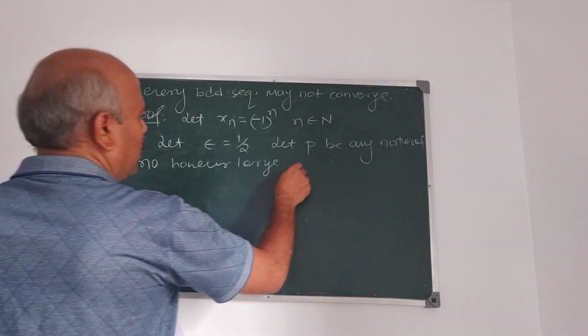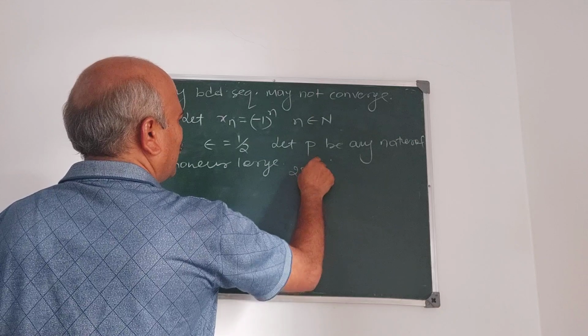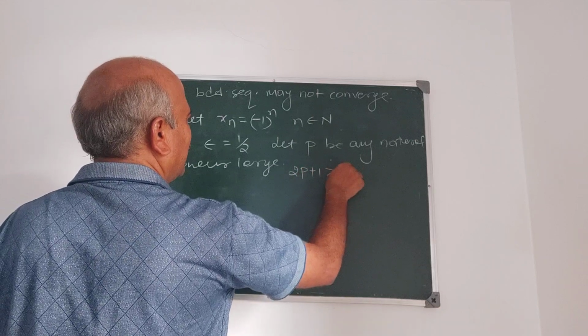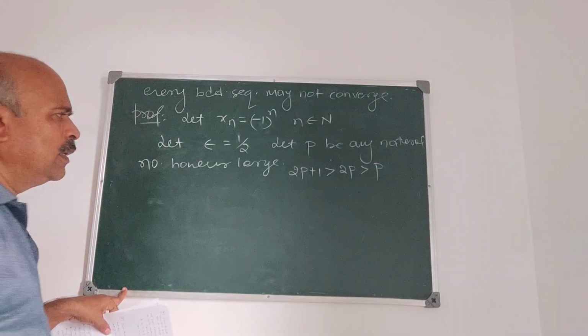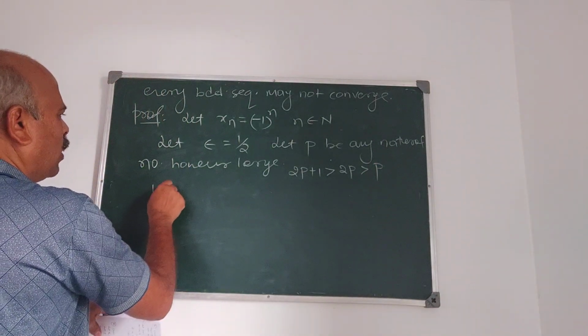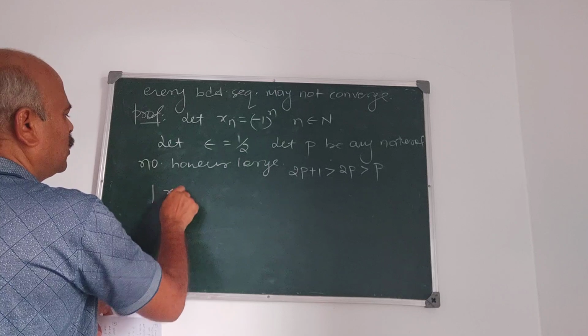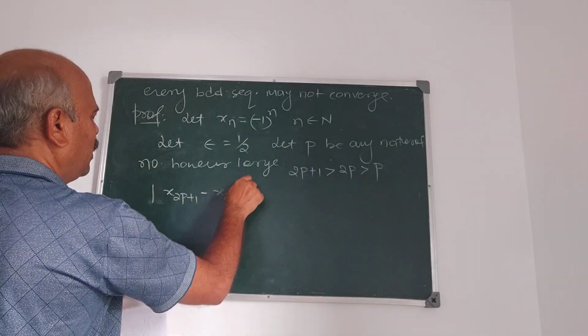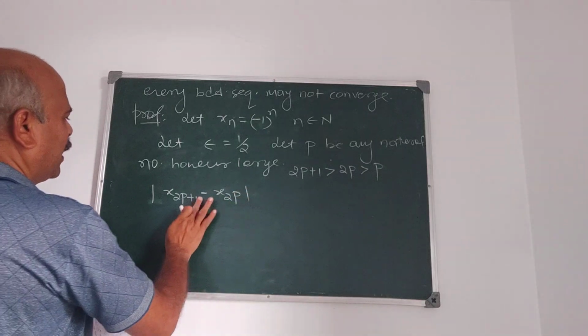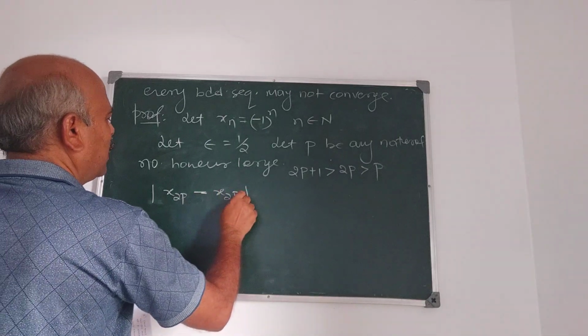Then 2p plus 1 is greater than 2p, which is greater than p. Correct? Therefore, now I consider mod of x 2p plus 1 minus x 2p, or x 2p minus x 2p plus 1.